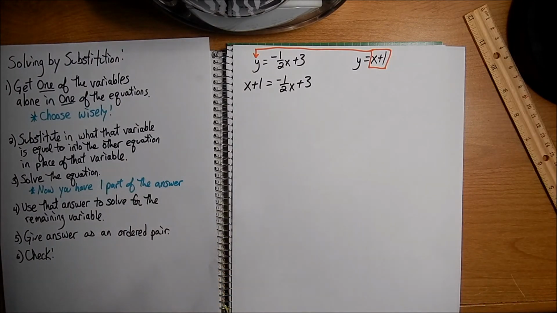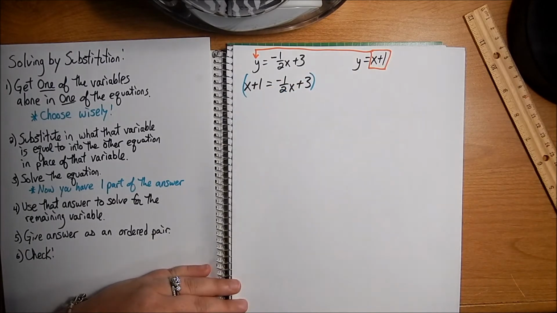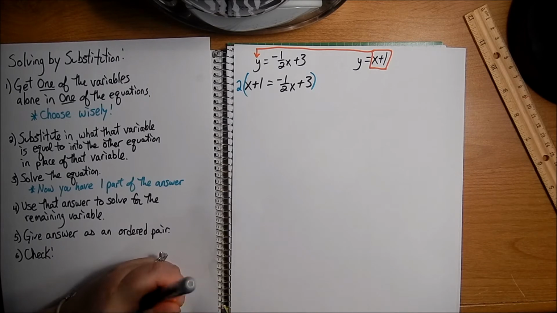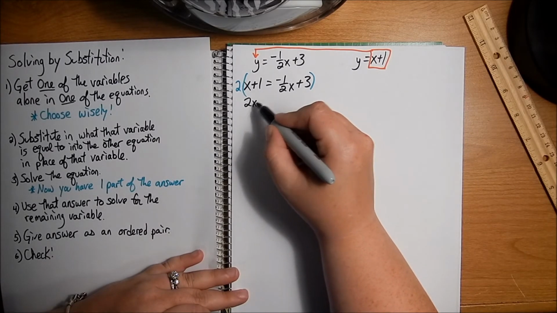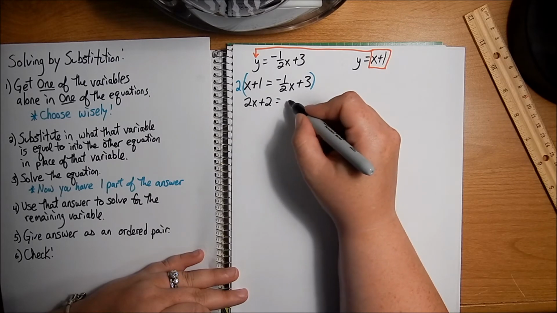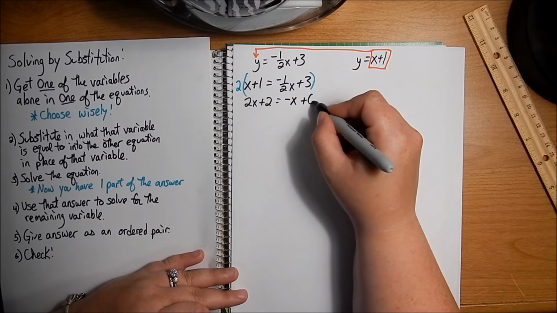I don't want to deal with the fractions, so I'll multiply the whole thing by what? Hopefully you said 2. So that will get me 2x plus 2 equals 2 times the -1/2 x, which is negative x, and 2 times 3 is a positive 6.